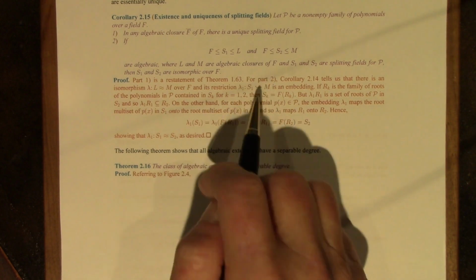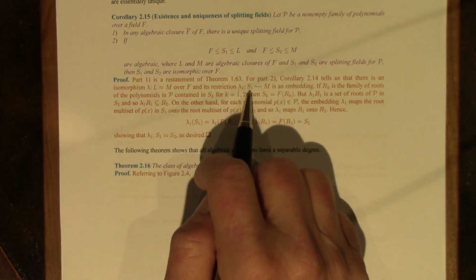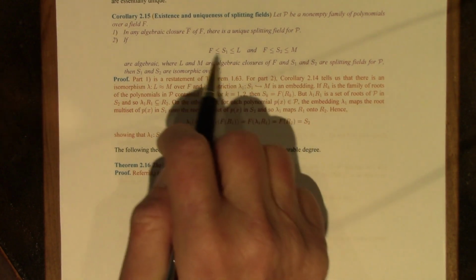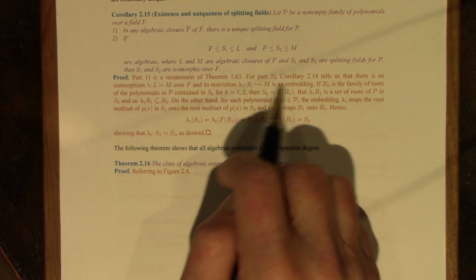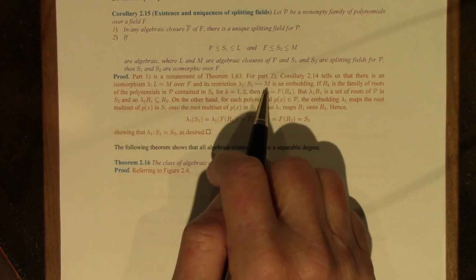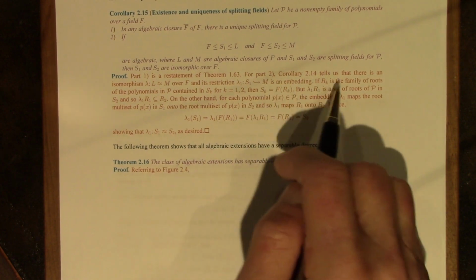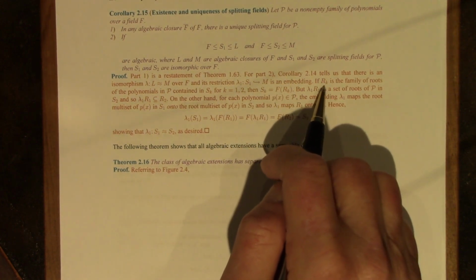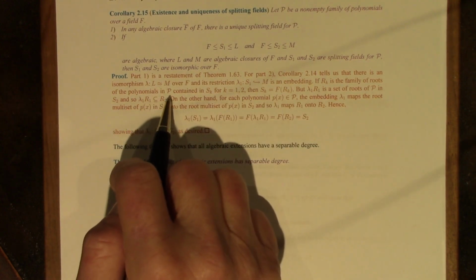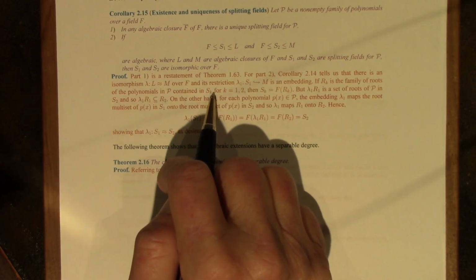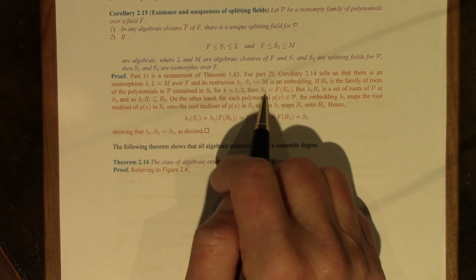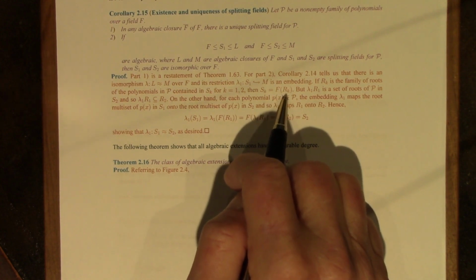If we restrict that map, lambda, I'll call it lambda 1, restrict it to the splitting field S1, this is now an embedding of S1 into M. If R sub k is the family of roots of the polynomials in P that are contained in Sk, and k could be 1 or 2, then the splitting field Sk is F with Rk adjoined.